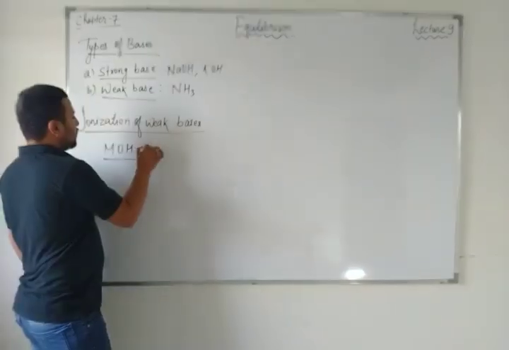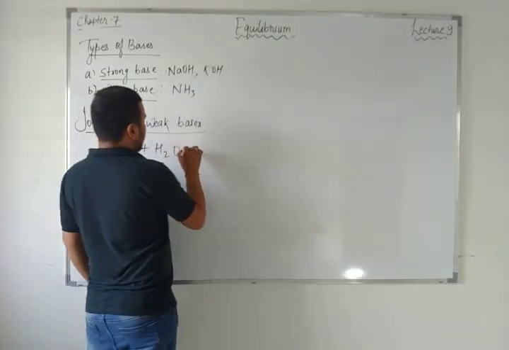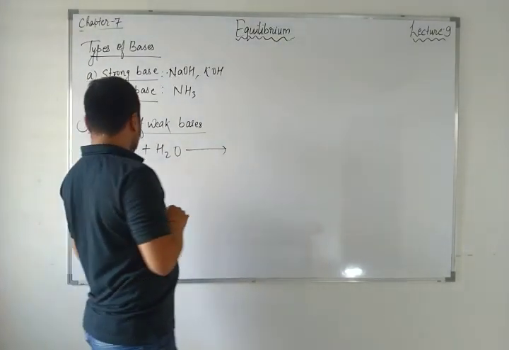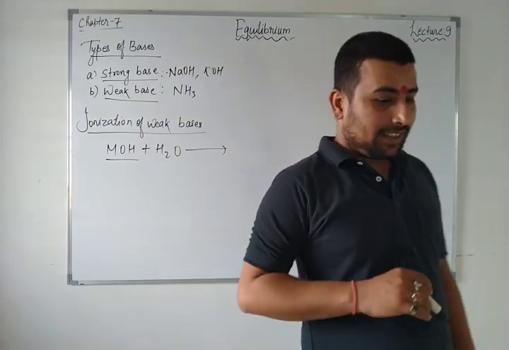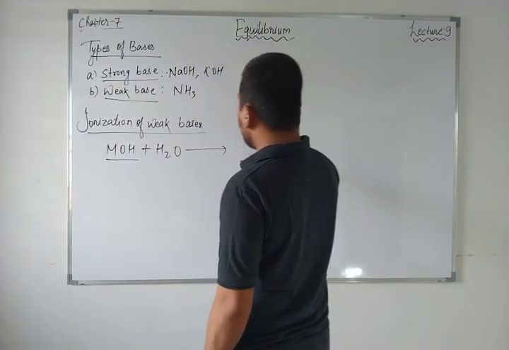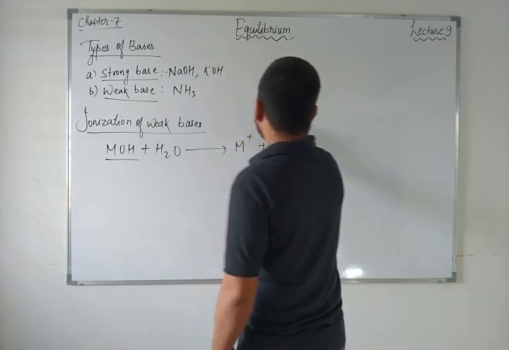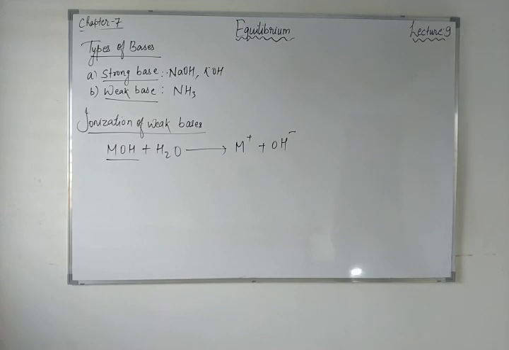When you put it into the aqueous solution, it will be dissociated as M plus and OH minus ion. But remember, this OH minus ion will dissociate with very great difficulty. In a weak base, the partial ionization of any hydroxide will convert it into M plus and OH minus. The case is similar to that of the acid dissociation equilibrium.